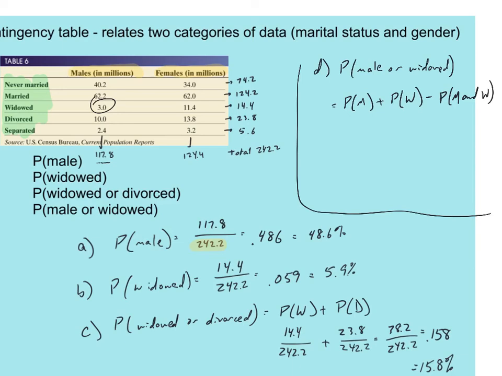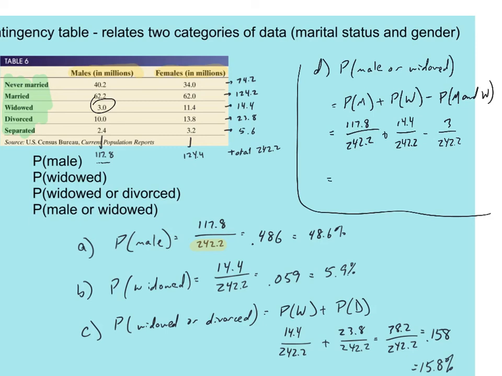Those 3 million people are both male and widowed. All right, so we fill in our probabilities now. I think we've already used many of these. Male is 117.8 over the 242, plus the probability that they're widowed, that's the 14.4, over 242.2, minus the section that I circled, 3 over 242.2.